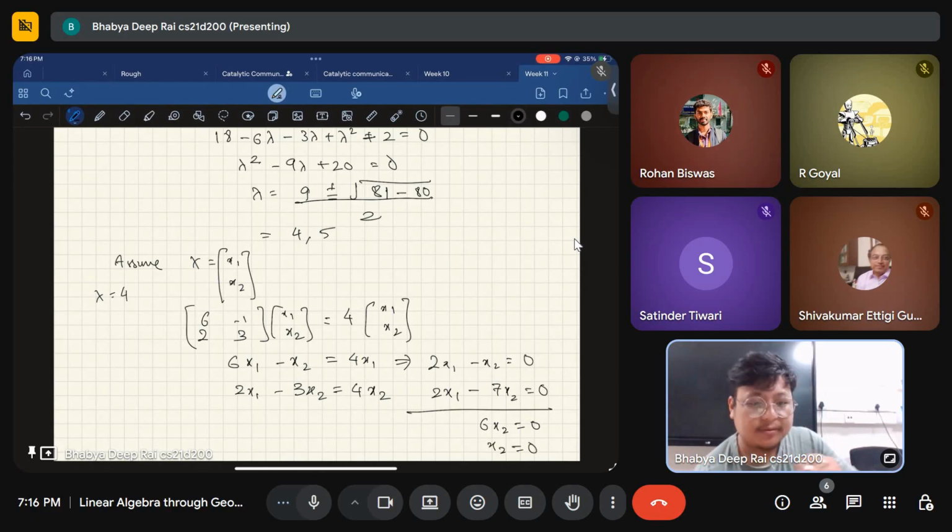Is that the case? And what does this imply? This implies that x1 is equal to 0. So this will imply both are 0. I made a mistake somewhere, did I?